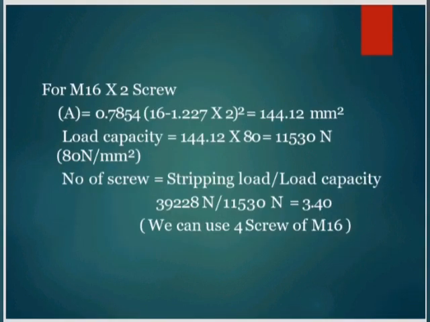If we take M16 screw having 2 mm pitch, then root area is equal to 0.7854 into 16 minus 1.227 into 2 square, which is 144.12.